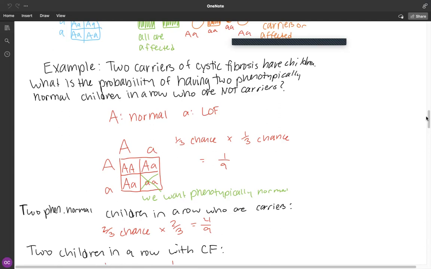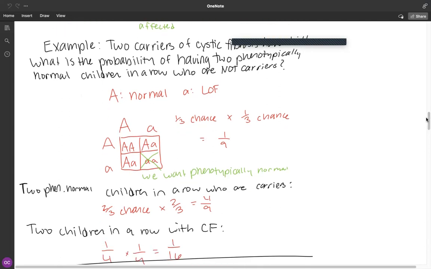So we know both parents are carriers, meaning they are heterozygous. Especially because we know that cystic fibrosis is autosomal recessive. Remember, it's important to note the pattern of inheritance, because then you know that the carriers are phenotypically normal, but they can pass on the loss of function allele to offspring.